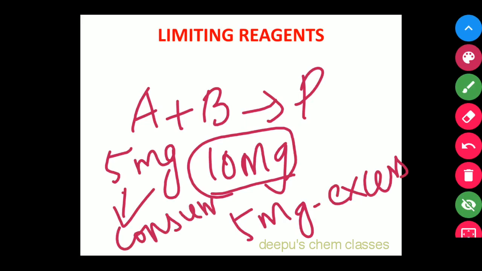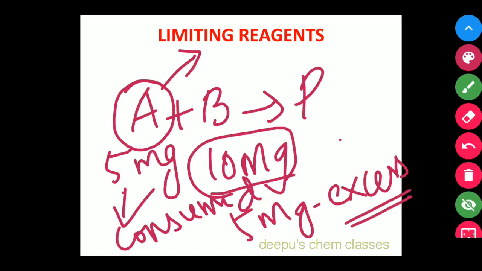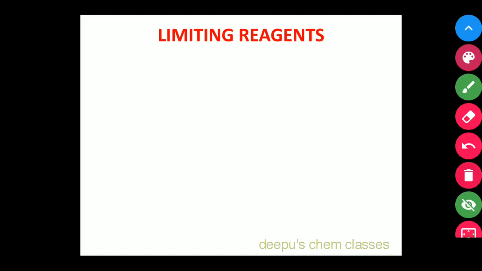The one which is completely consumed limits the extent of the reaction, so it is called the limiting reagent. And the one which remains in excess is called the excess reagent. Do you understand now?